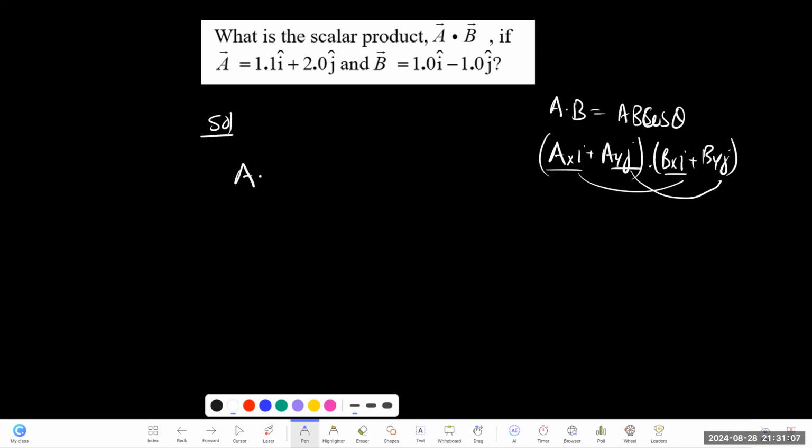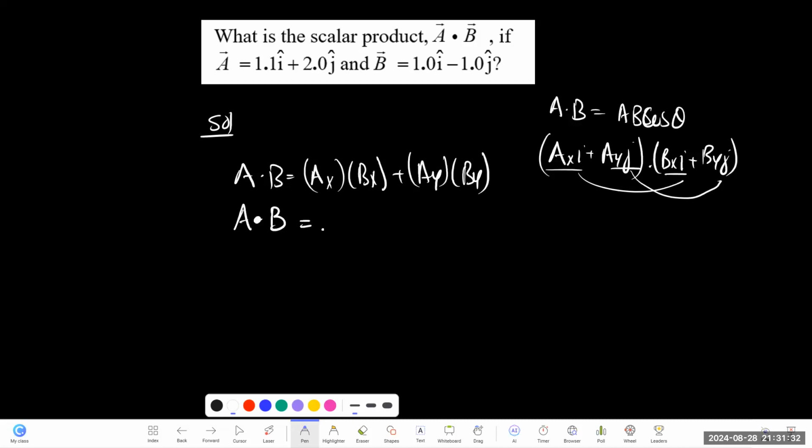So this thing multiplies to this, and this thing multiplies to this. So you're going to write A dot B equals the same thing, AxBx plus AyBy. Okay, so I'm going to substitute the value here.